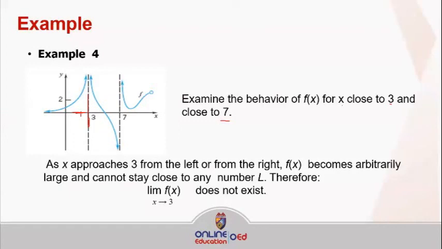Pero yung approaching ng line natin, saan siya papunta? Infinite or dire-diretso lang yung line natin, hindi tayo tutuloy dito sa 3 natin. So, ito is does not exist na rin siya, kasi wala tayong makukuhang value na exactly 3. And yung line natin is tuloy-tuloy lang siya pataas.